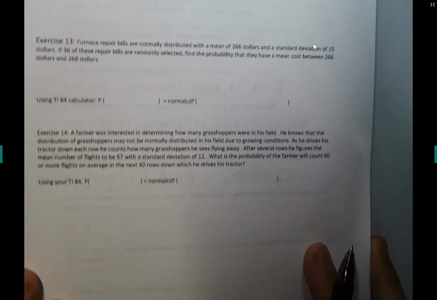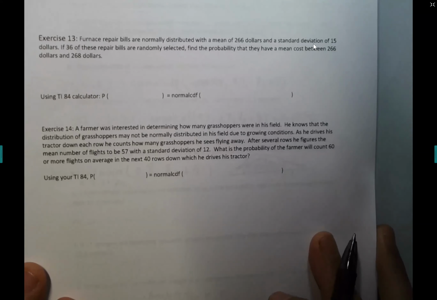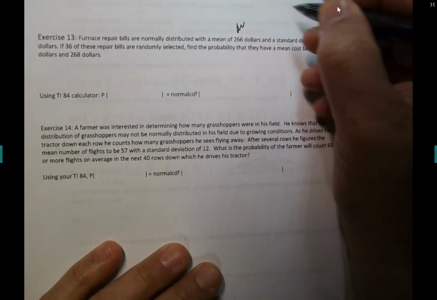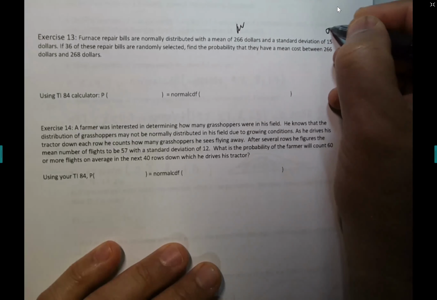Now 13, and now the real application of this theorem. Furnace repair bills are normally distributed with a mean of $266 and a standard deviation of 15. So the mean, guys, is 266 and the standard deviation is 15.